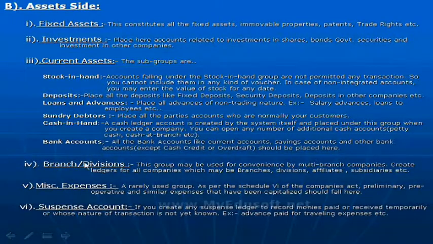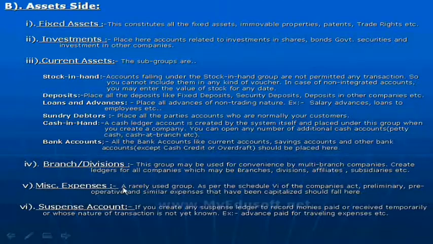And next one is branch or divisions. Here we can maintain the information about branches, divisions, affiliates, and subsidiaries, etc. And next one is miscellaneous expenses. It is a rarely used group.